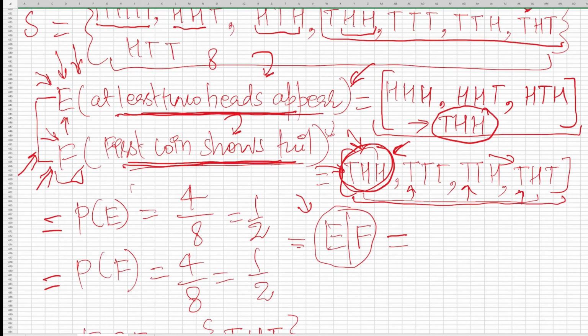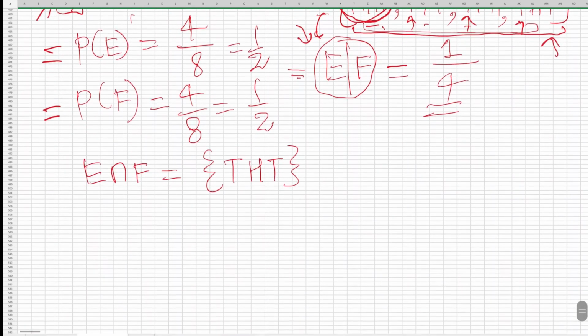Same as we already did when calculating the probability of an event, the number of outcomes favorable to this event is 1, only THH, and the number of total outcomes for this is these four outcomes. So the probability of getting at least two heads when the first coin is showing tail will be 1/4 for this random experiment.